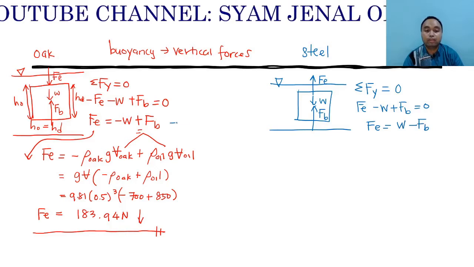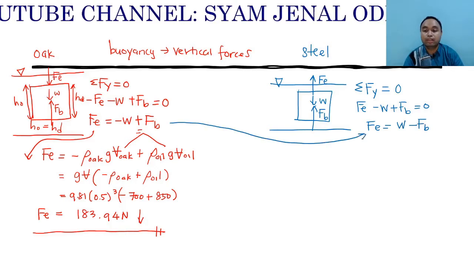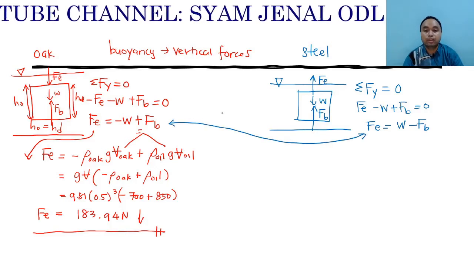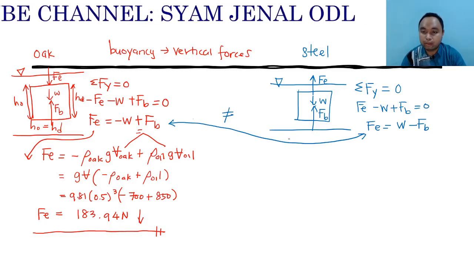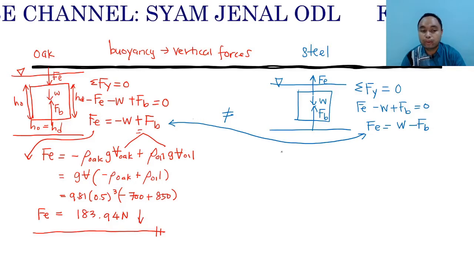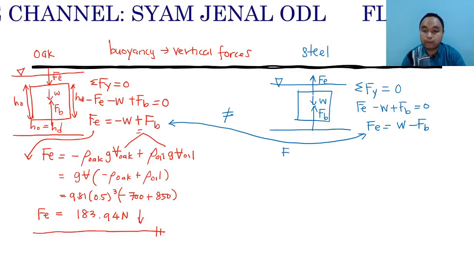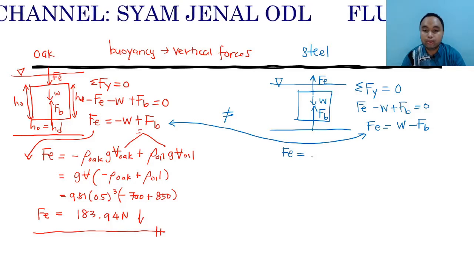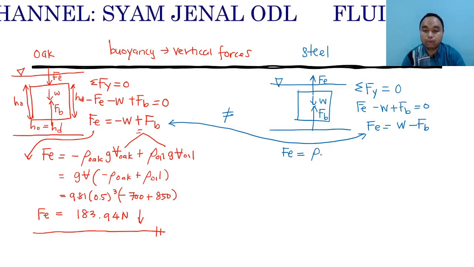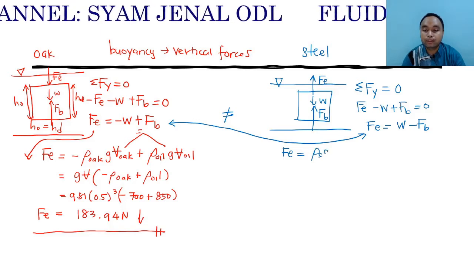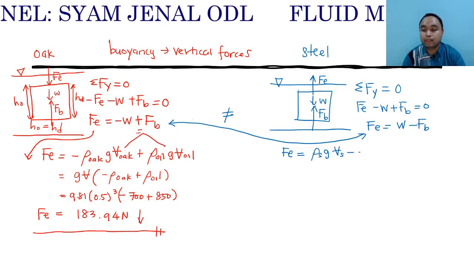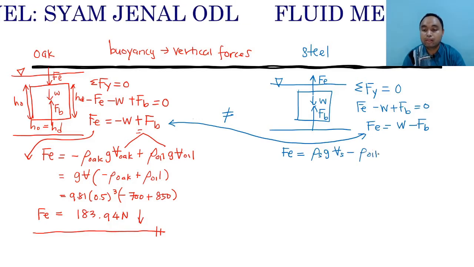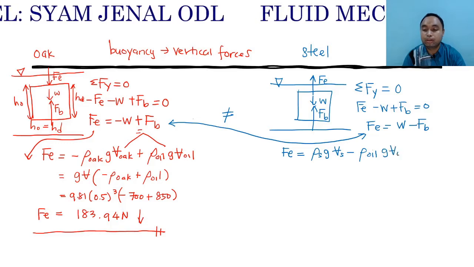See, there is a difference between this equation and this equation. So it is not the same, depending on the picture and depending on the external force direction. If we continue with the calculation, it will equal rho steel g V steel minus rho oil g V oil.